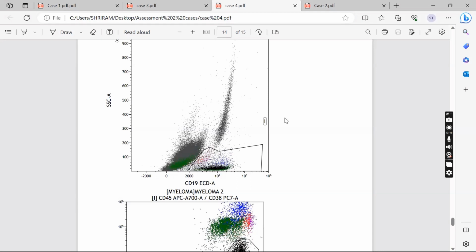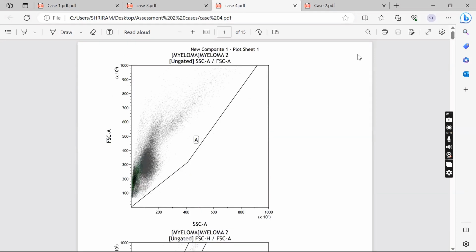The population expressing 56, highlighted in red, is also downregulated for 81 compared to the 56-negative plasma cell population. So now we almost have 4 myeloma-associated immunophenotypes: 19, 56, 81, and 200. Perfect. So we have 4 MAIPs.